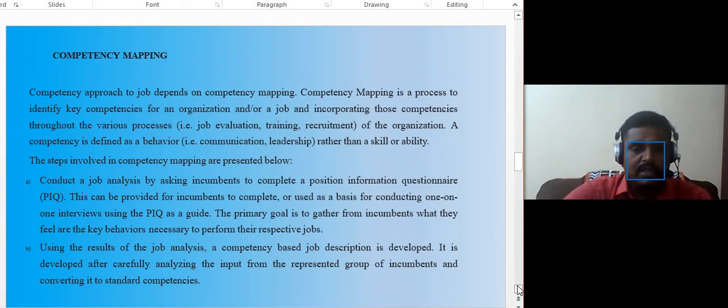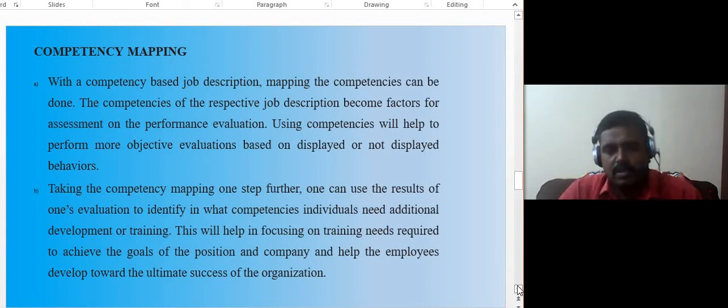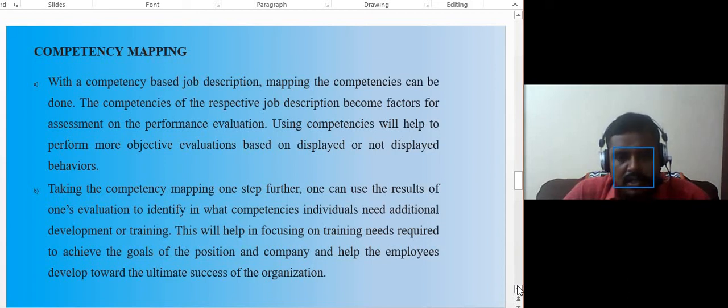This is competency mapping. With the competency-based job description mapping, the competencies can be done. The competencies of the respective job description become factors for assessment in the performance evaluation. Using competencies will help to perform more objective evaluations based on displayed or not displayed behavior.